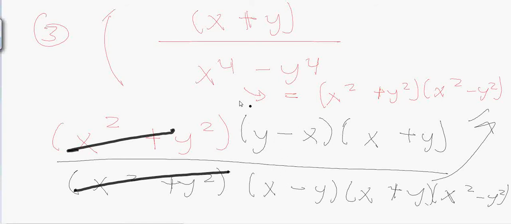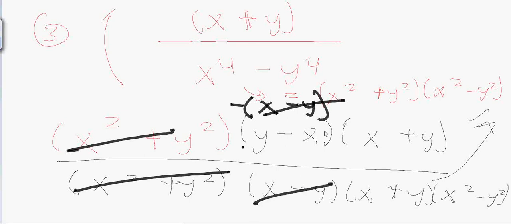Y minus x is the same thing as negative x minus y, right? If you put a negative in front of this, it'd be negative multiplied by the binomial x minus y, because it'd be negative x plus y, which is just y minus x. So you'd be able to cross this out along with this.